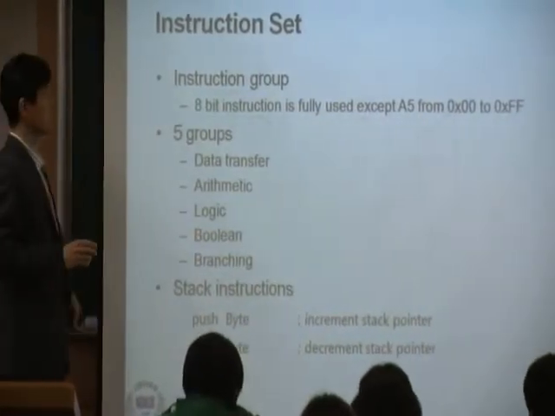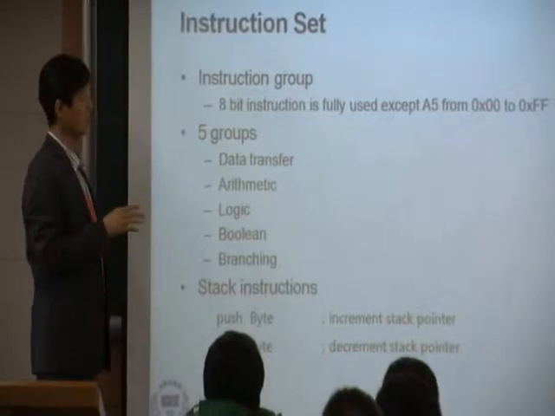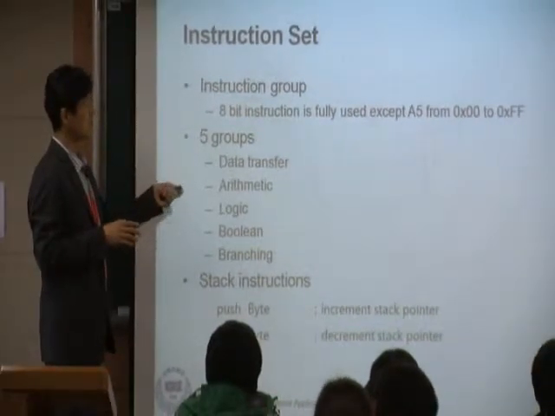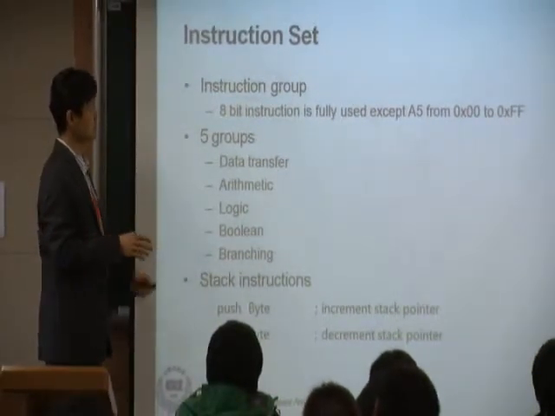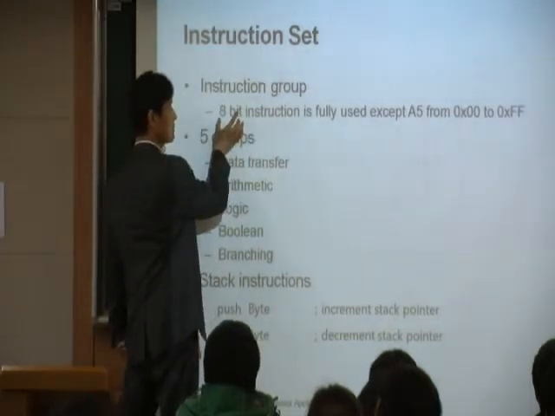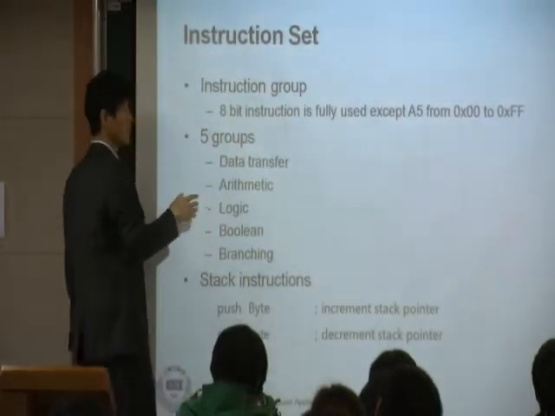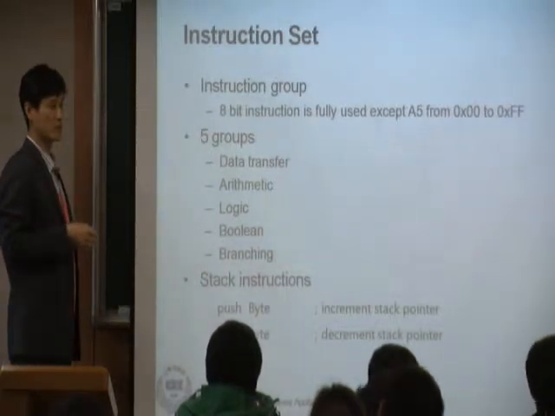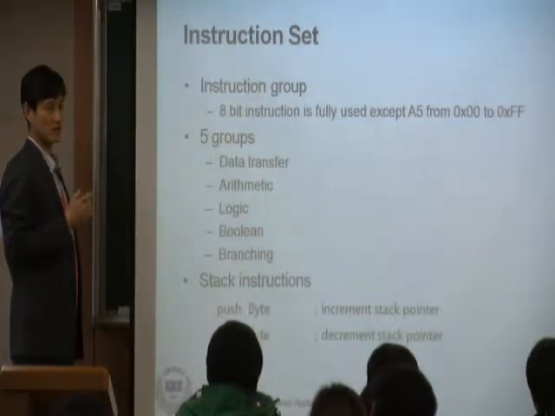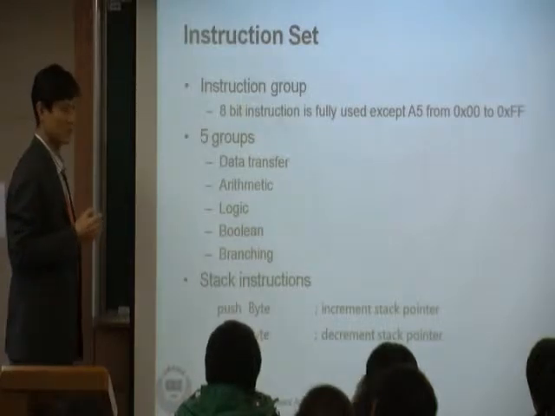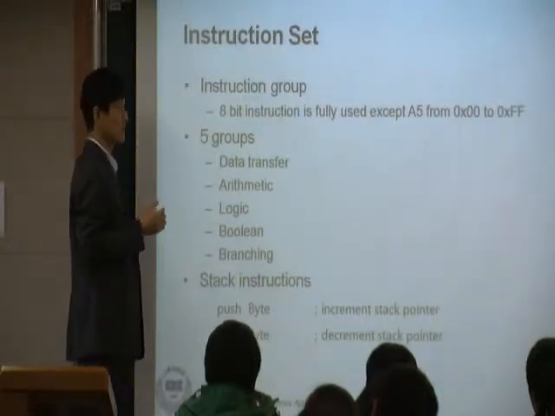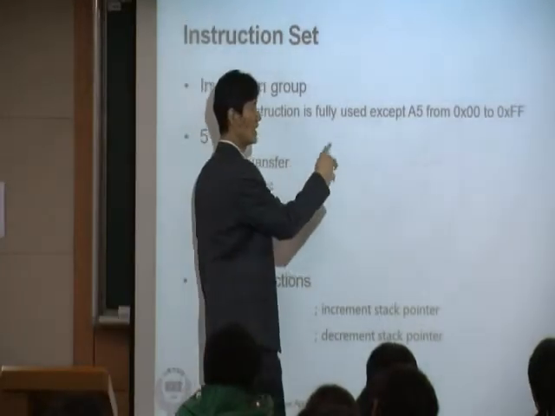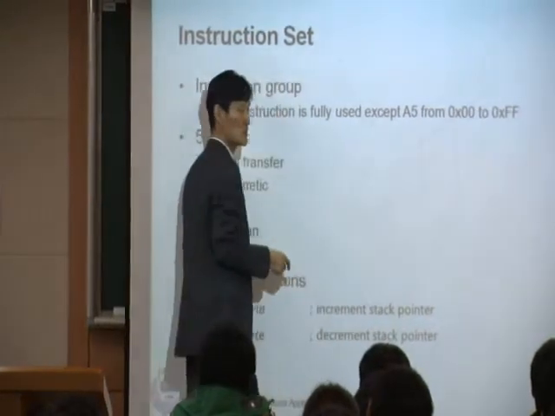For instructions, in 8051 we have a lot of instructions. We have 8 bits for the instruction. How many values can you have with 8 bits? 2 to the 8, which is 256, and 256 minus 1, so that's going to be 255.